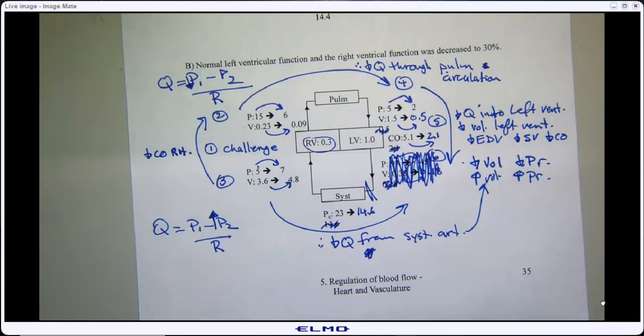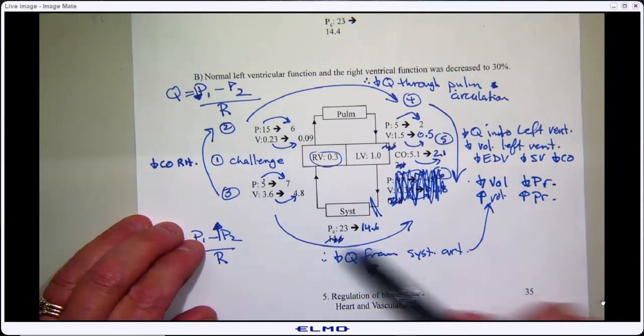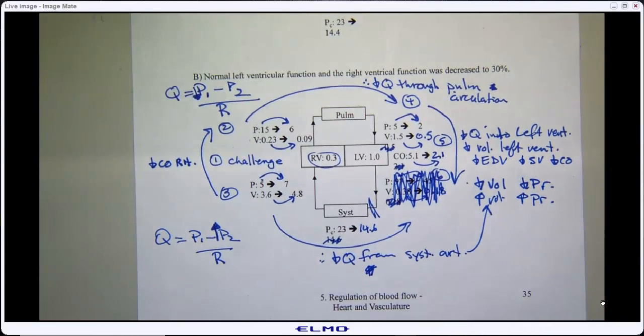So let's say you chose not to talk about this. What does that tell me? That tells me that you don't really understand that it's a closed system. And when you mess with one compartment, you mess with the compartment after it and the compartment before it. Okay, so really embracing the notion of a closed system, we got to go around both ways, at least a little bit.